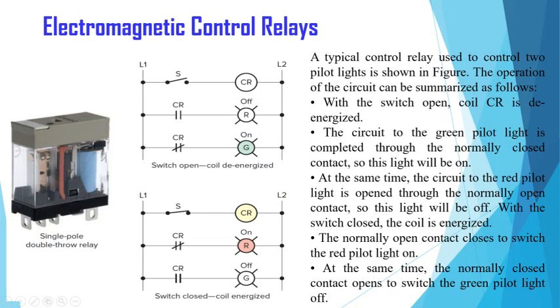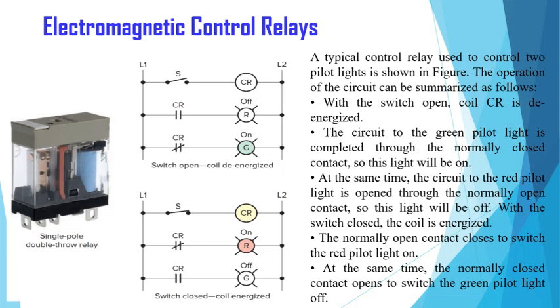As the coil is de-energized, the circuit to the green pilot light is complete, because the normally closed contact is connected in series with the green light, so the green light gets turned on. At the same time, the circuit to the red pilot light is opened through the normally open contacts. So this light will be off.